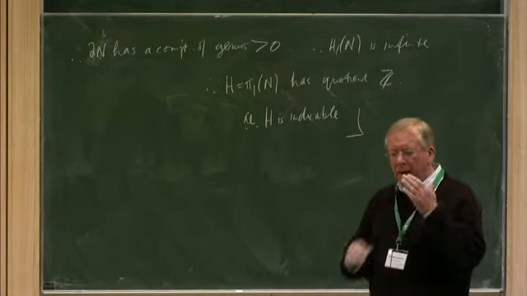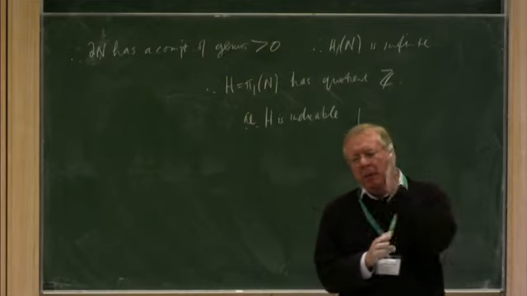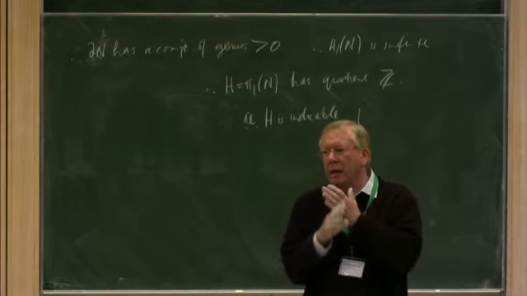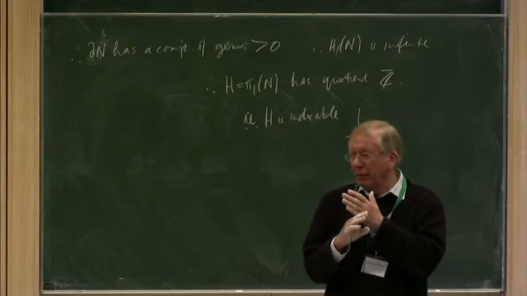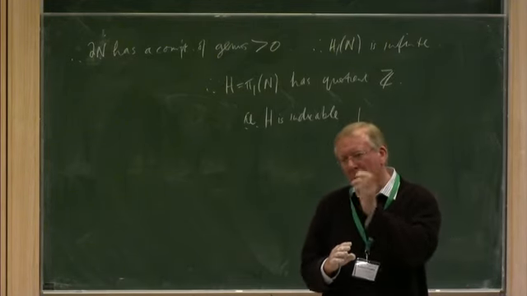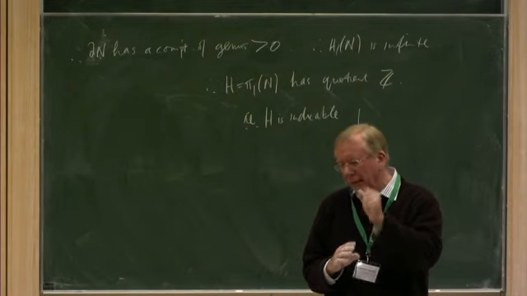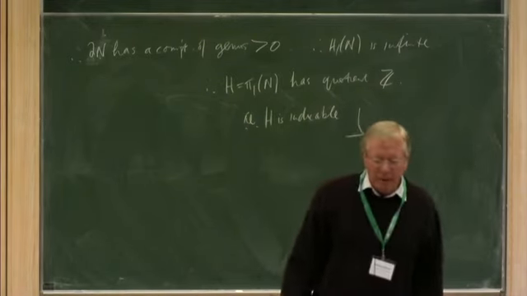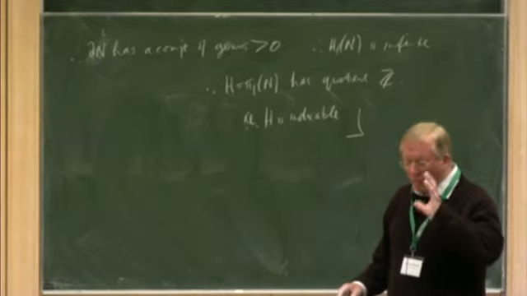If you take any multiple of alpha and any multiple of beta, they have non-zero intersection number, and so none of them can be zero homologically in the three-manifold.